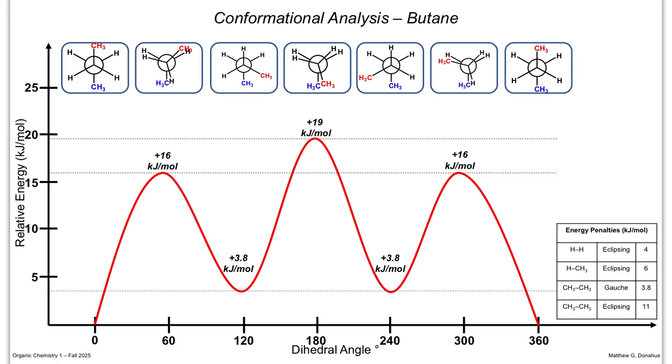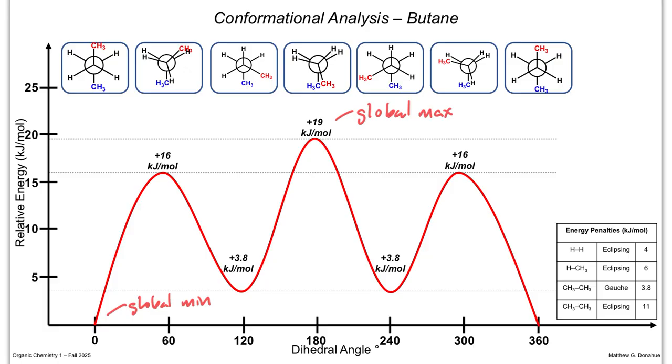Based on the chart that we see, we would say plus 19 is the global maximum. And then 0 is the global minimum.